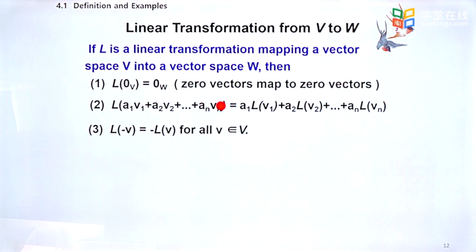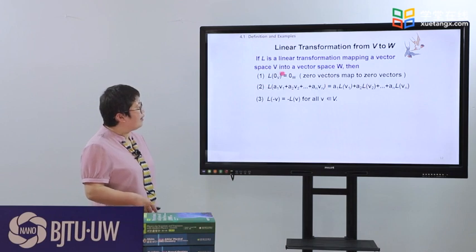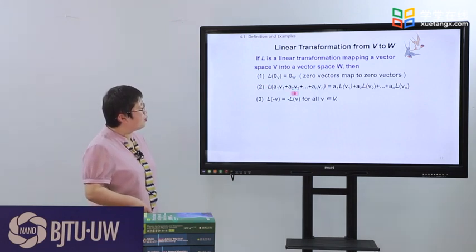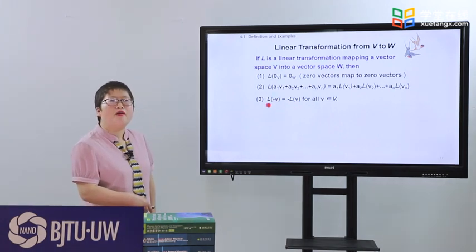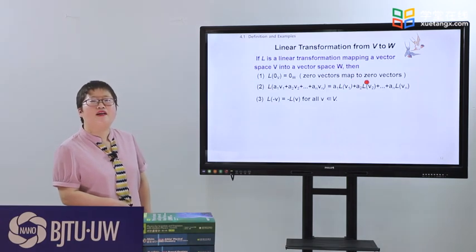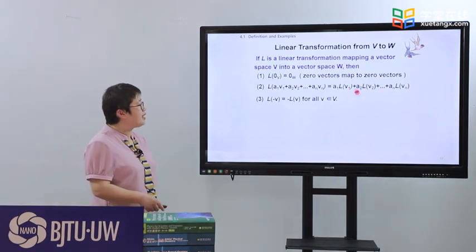And secondly, L of a1 v1 plus a2 v2 plus ... plus an vn equals a1 times L(v1) plus a2 times L(v2) plus ... plus an times L(vn). And thirdly, we know also that L of minus v equals minus L(v) for all v belonging to the vector space V.